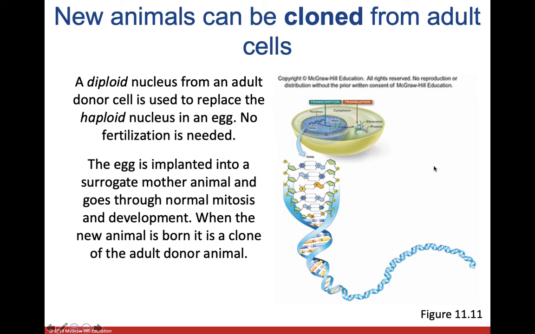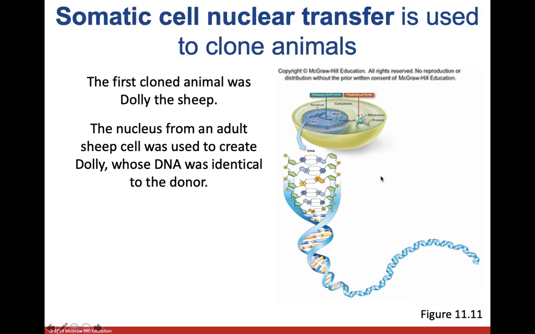Then, for the sheep we're cloning, Dolly, they took a cell from her arm, and they took the entire nucleus out of that cell. And they stuck the nucleus from that cell into the empty egg from the original donor sheep. So now they have an egg with a nucleus inside of it from a different sheep.